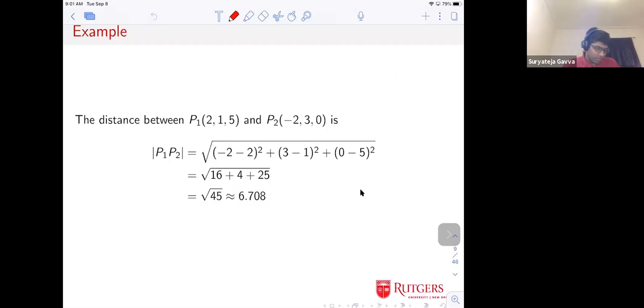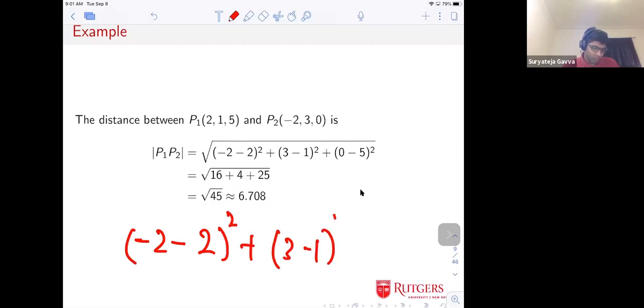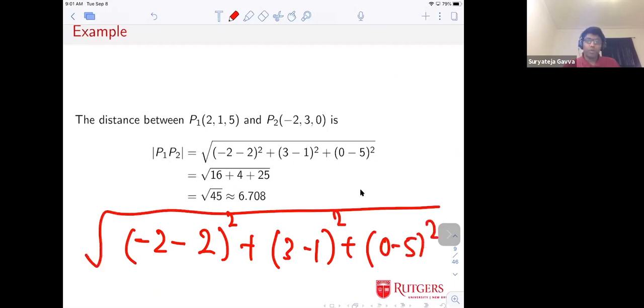So P2 minus P1: minus 2 minus 2 is one of the coordinates, next is 3 minus 1 squared, and next is 0 minus 5 squared, and you take the square root. That's what I've written. You subtract those coordinates, take the squares, and add them up. That's how you find distances.